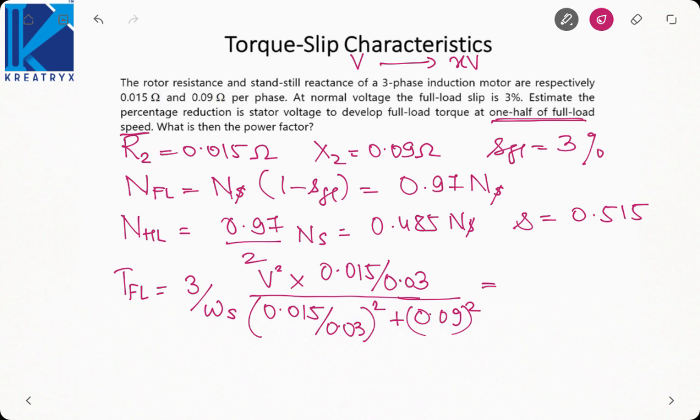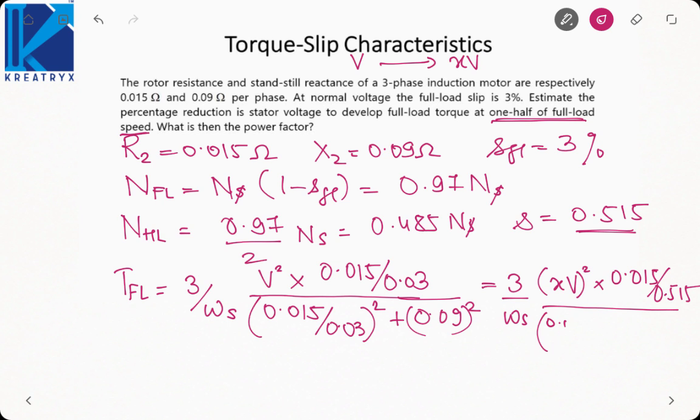This same torque should be developed at this slip at a reduced voltage. So 3 by omega S, let us say reduced voltage is X into V, into 0.015 by slip is 0.515 by 0.015 by 0.515 square plus 0.09 square. Now this V will get cancelled out, omega S3 will get cancelled out, this will also get cancelled out.